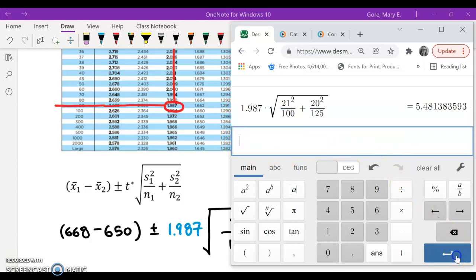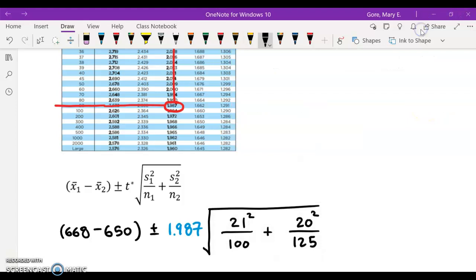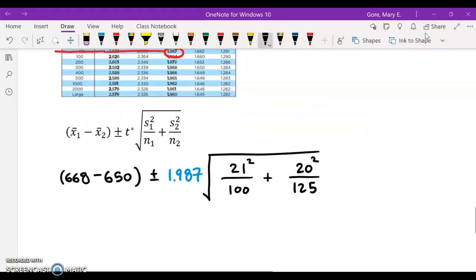So as I hit enter here, I see that I get 5.481. That's what I'm going to put here. Before I forget it, I should write it. 5.481, that's what that simplifies into. And 668 minus 650 is 18.